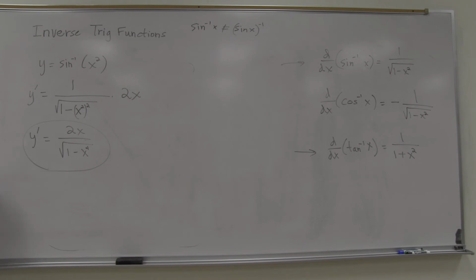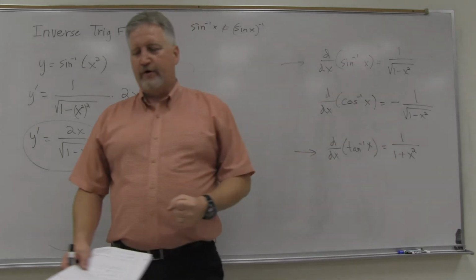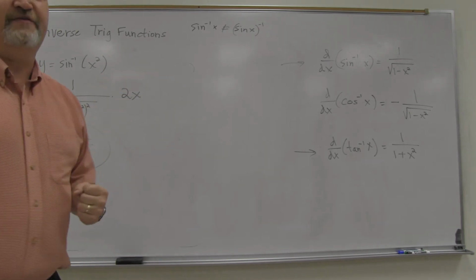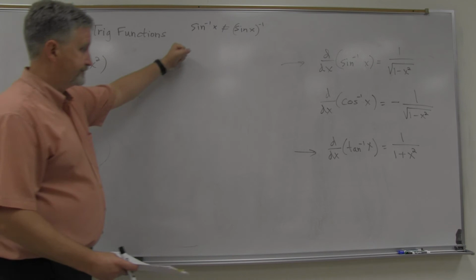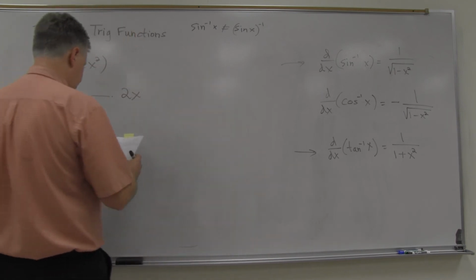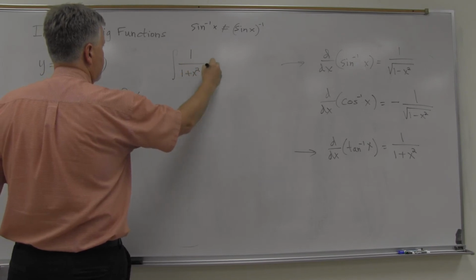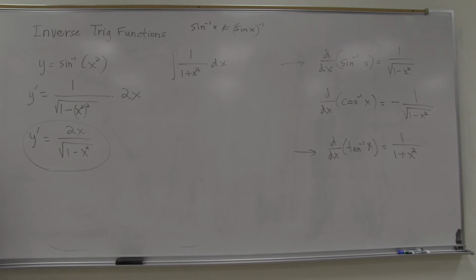All right. But like I said, what these are more useful for, because you probably don't see a lot of the sine inverse in applications, is that this does open up some more antiderivatives, some more integrals. For example, if I have just the integral of 1 over 1 plus x squared dx, what do you got?